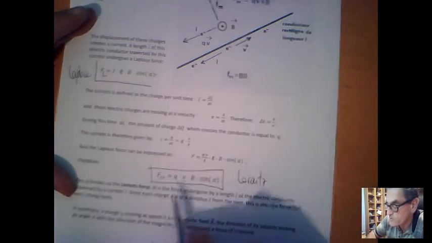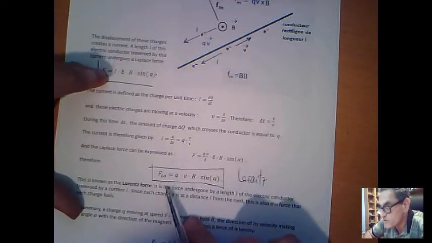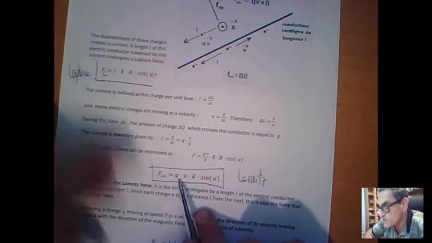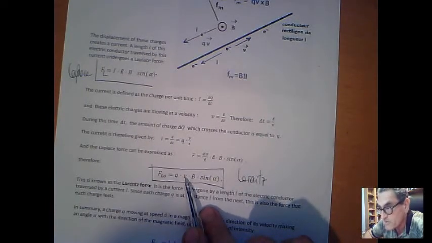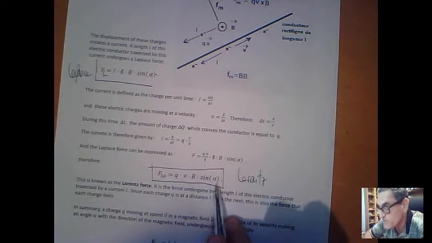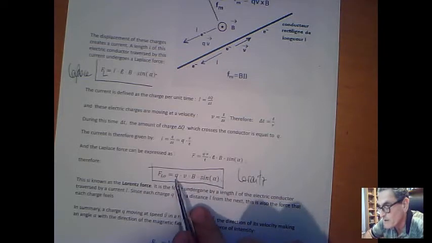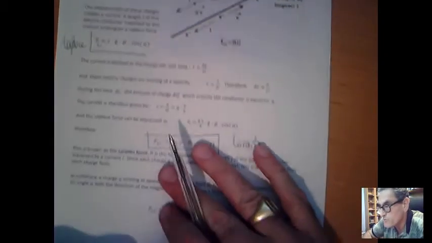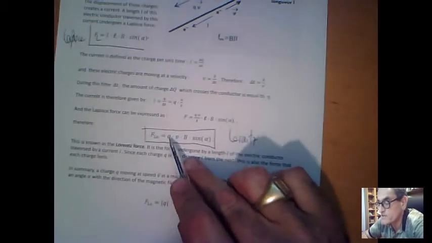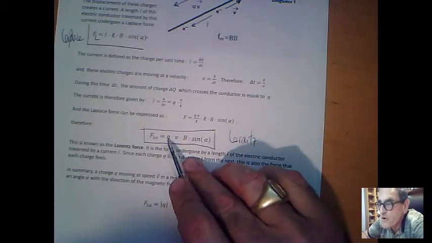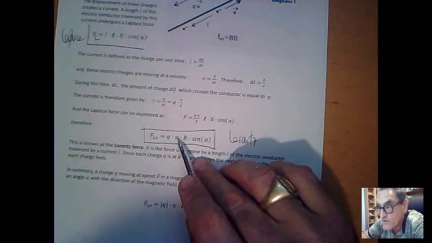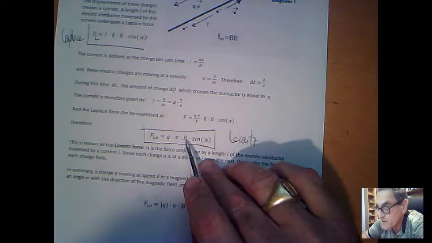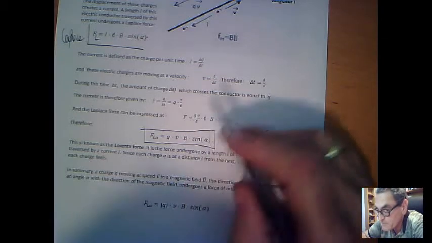The Lorentz force, you see, this expression has been transformed into this expression, where here you have the charge, here you have the velocity of the electron, and here you have the magnetic field, and then the same sign. Okay, so this is going to allow you to compute the force which is acting on some particle of a charge Q moving at a velocity V inside a magnetic field B. Okay, this is the Lorentz force.